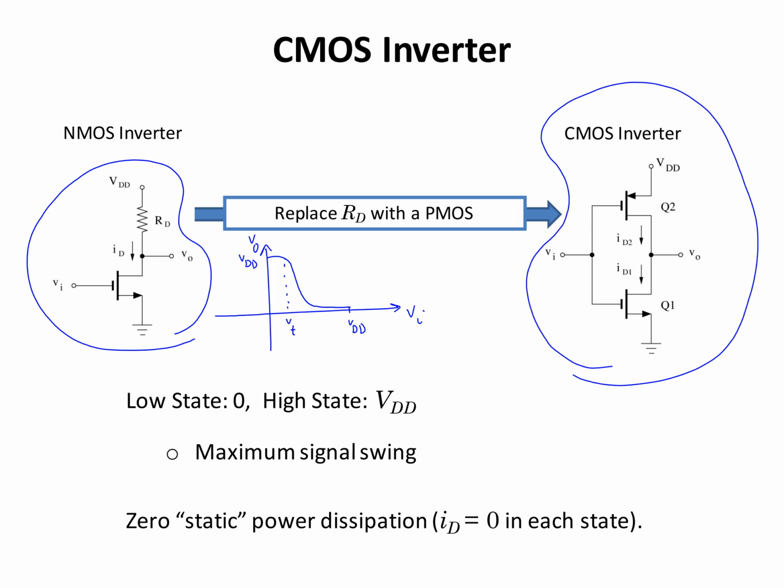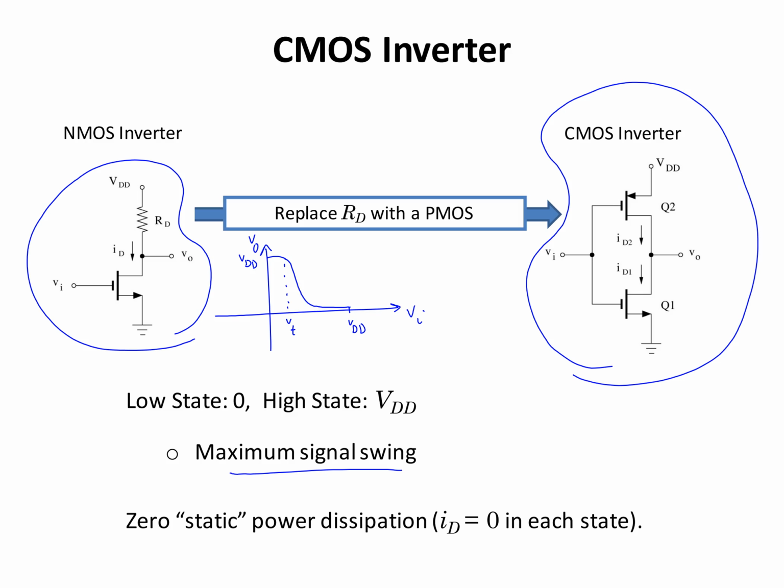The benefit of doing so is that you're going to have a low state of 0 volts and a high state of VDD. So Vout changes between 0 volts as the low value and VDD as the high value. That gives you the maximum signal swing, because the range of change for Vout is maximum, between 0 and the power supply voltage.